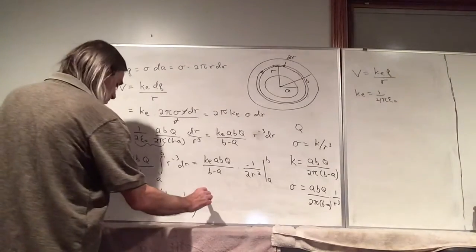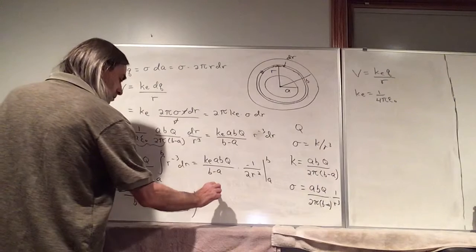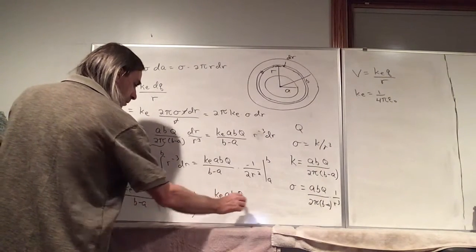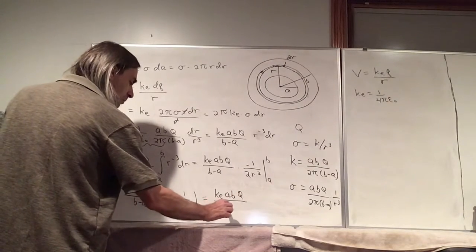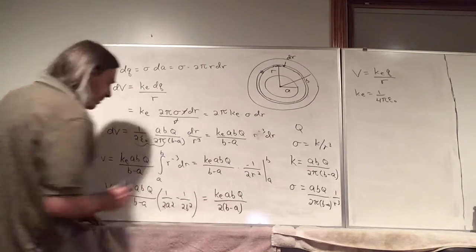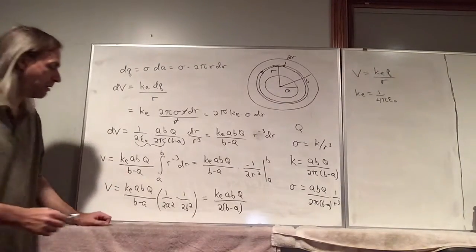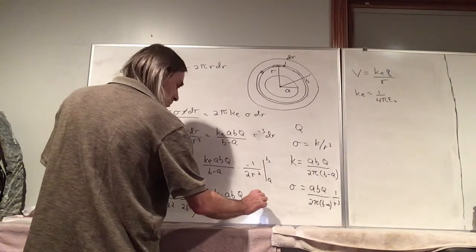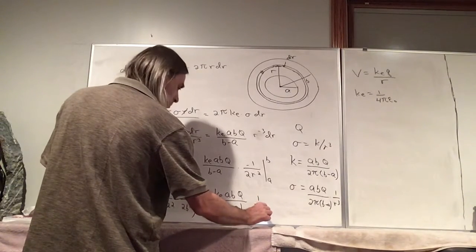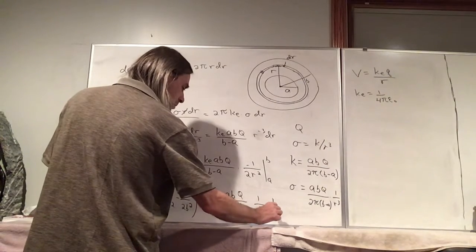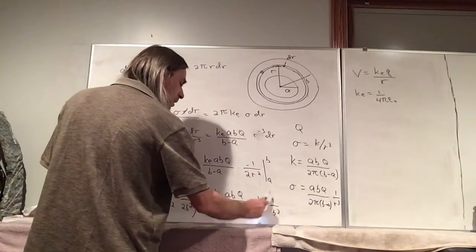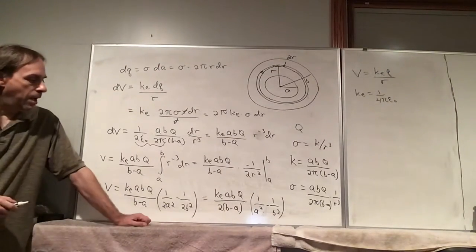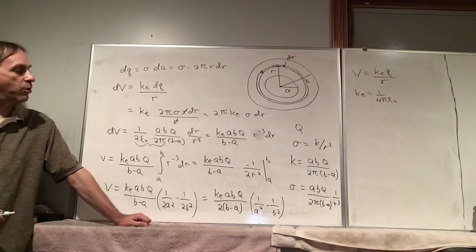We can take that common factor of 2 out of here. And then we have one over a squared minus 1 over b squared. I think we can clean this up a little bit.